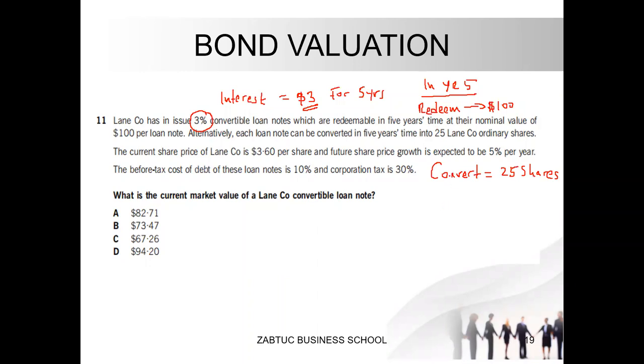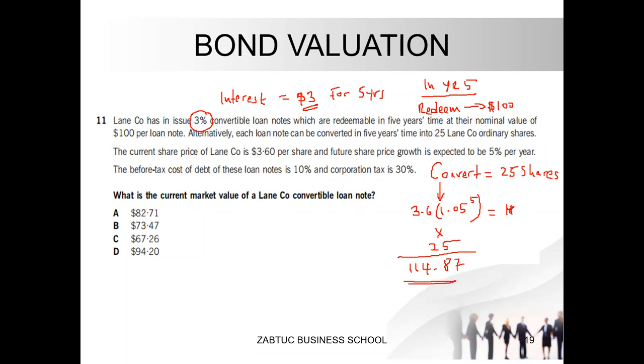So you did the computation: when you convert, the share price in 5 years would have moved. It will be 3.6 times 1.05 to the power 5, and that's where you ended up with the 114. Then you multiply this by 25, so you ended up with a value of 114.86 or 87.